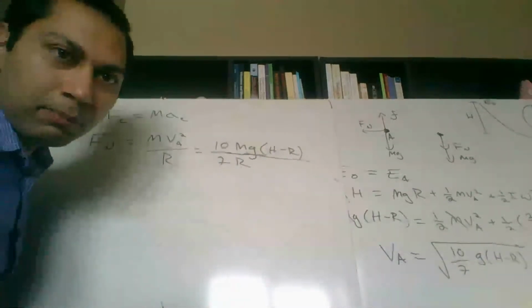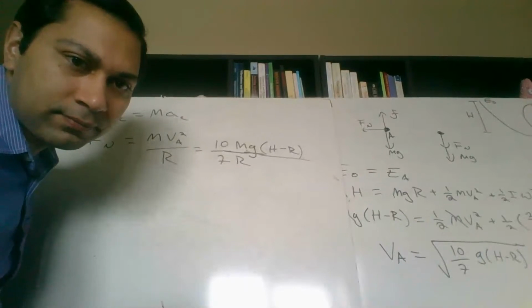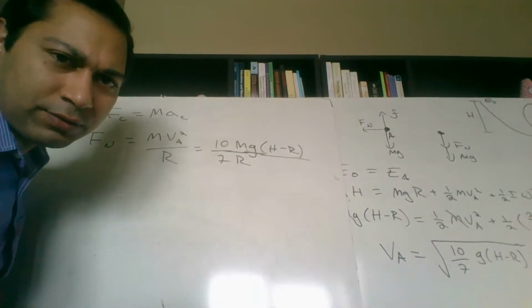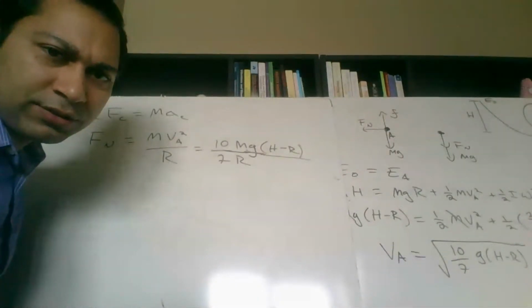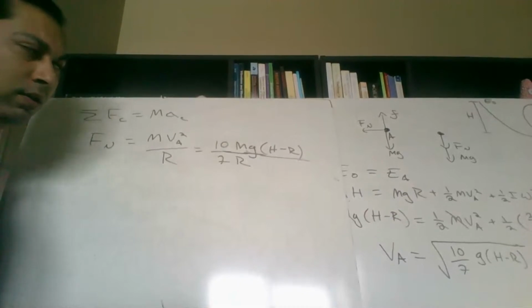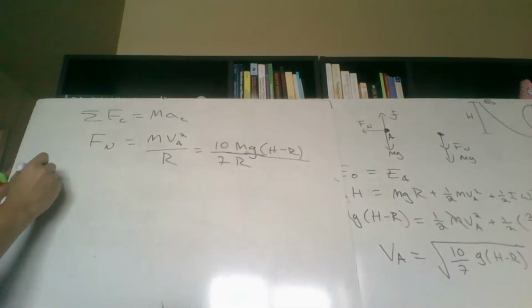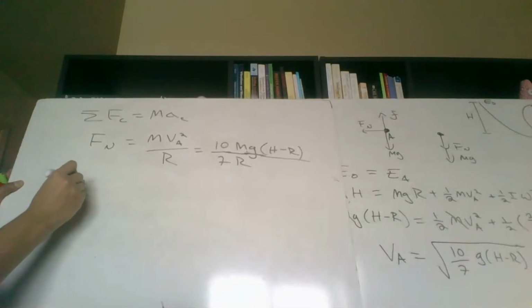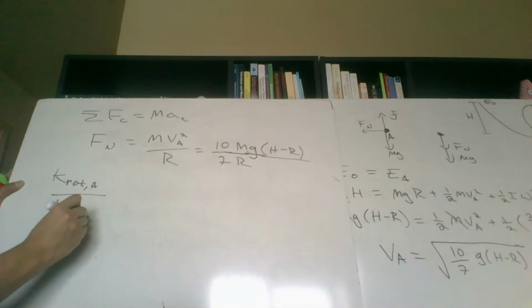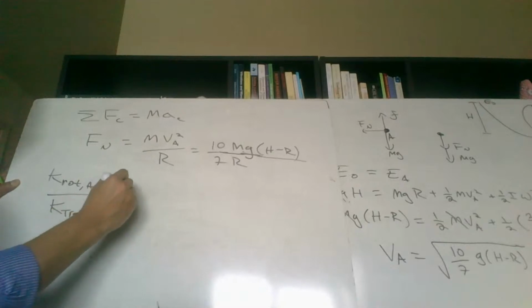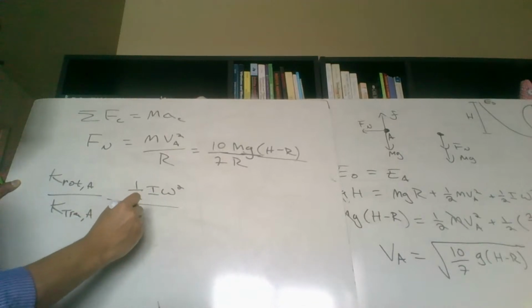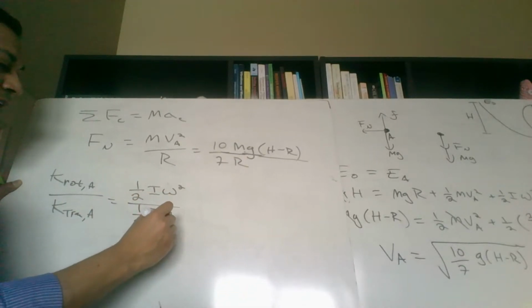Part C. Part C is asking us, whoa, calculate the ratio of rotational kinetic energy to the translational kinetic energy of the sphere at point A. Okay, so the ratio of the kinetic rotational divided by the translational at A. And so that's going to equal 1/2 I omega squared over the translational, which is 1/2 m v at A squared.